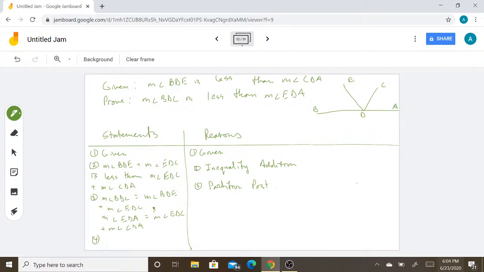So finally, we can say that the measure of angle BDC is less than the measure of angle EDA, and that's because of the substitution postulate. You can substitute quantities that are unequal in the same manner into different inequalities.